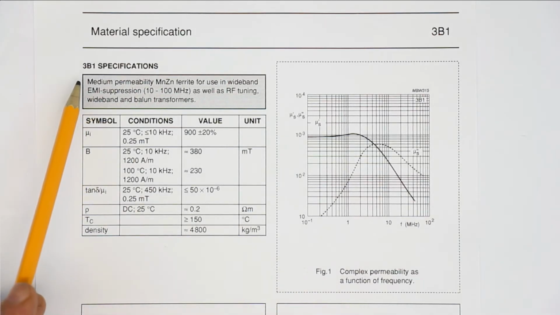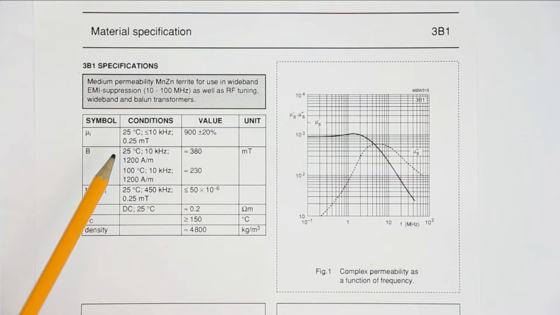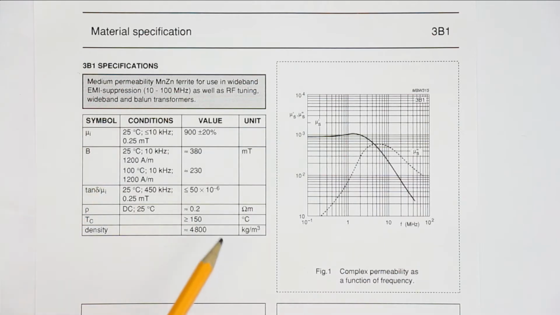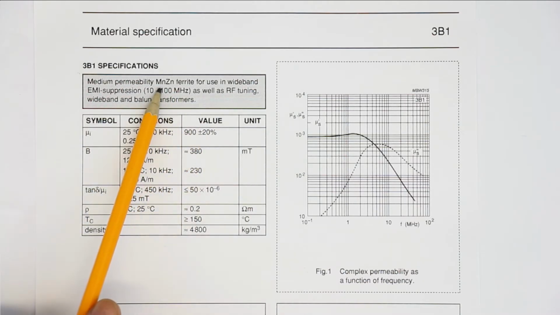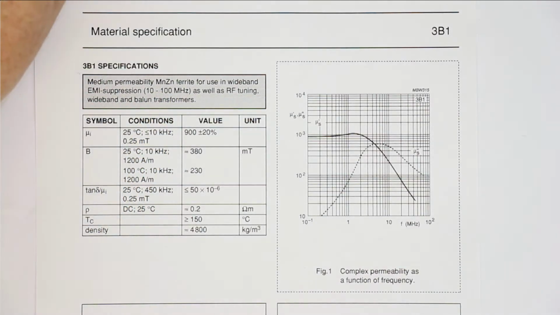And I copied the page for the material 3B1, and that is the material especially used for long and medium wave reception Ferrite-Rod antennas. And let's remember that it is made out of a manganese zinc ferrite material.